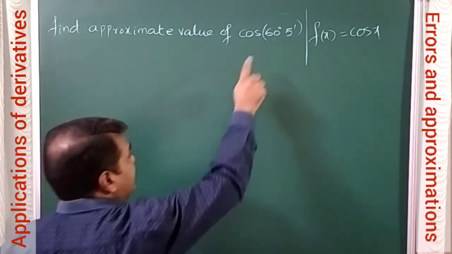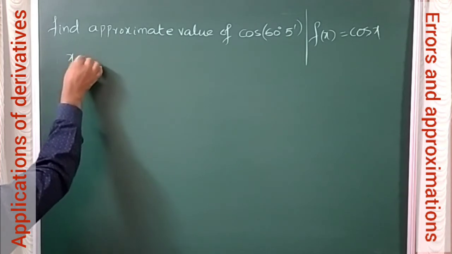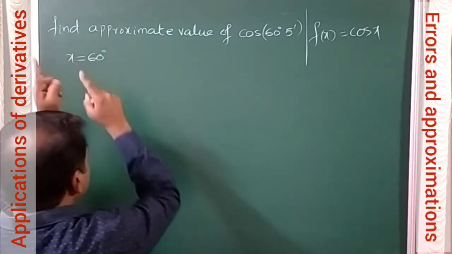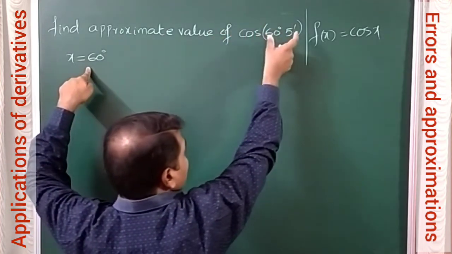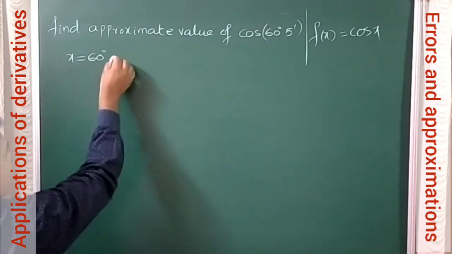Therefore, nearer to this angle whatever they have given, let us choose x as 60 degrees. And the difference between this x value and the given angle, what is the difference between these two? 5 minutes.